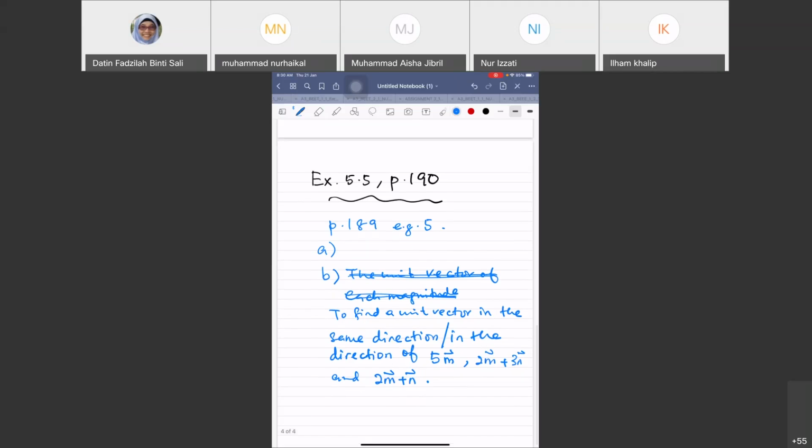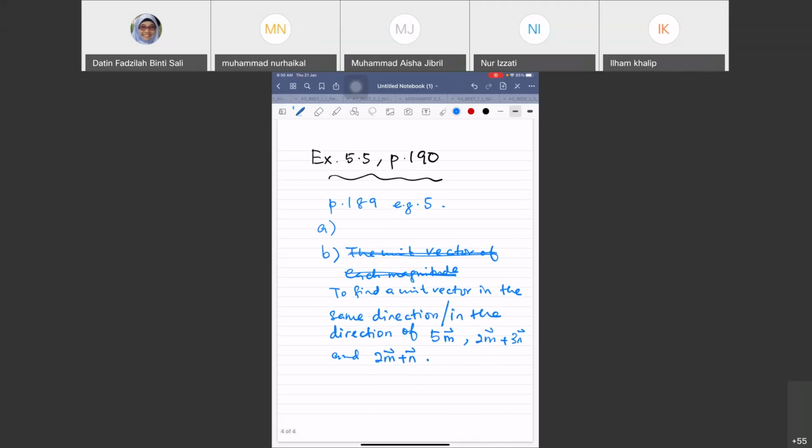When you want to find a unit vector in the direction of, for example, 5m, it will be 5m divided by its magnitude. That's why the first part asks you to compute the magnitude straight away, and then for part B you can use that directly. But the question is stated wrongly in the book.